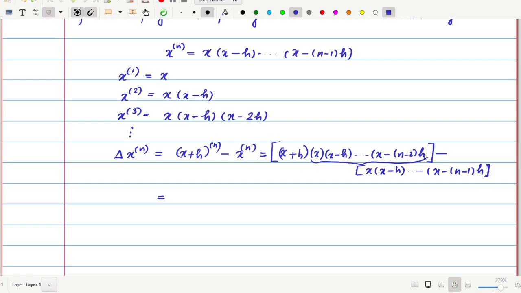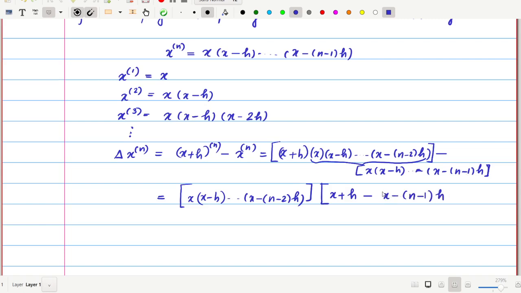we can say that the factors from x to x minus n minus 2h are common in both the brackets, so we can take them out. That starts from x times x minus h, etc., x minus n minus 2h. So this is the common factor from the bracket. Next, in the first term we have x plus h, and in the second bracket we have the last term, x minus n minus 1 times h.